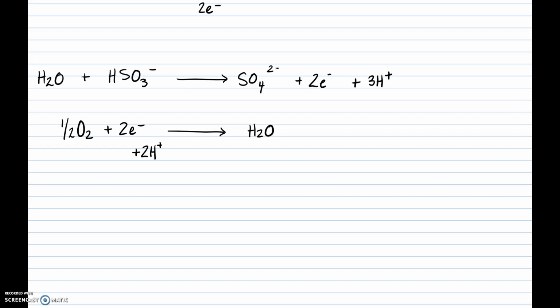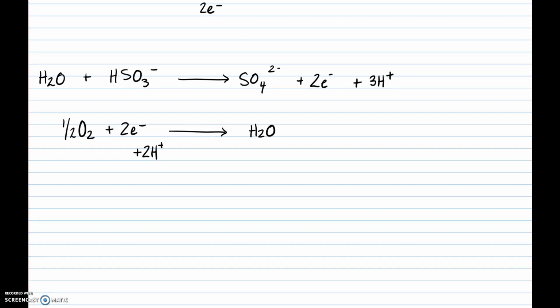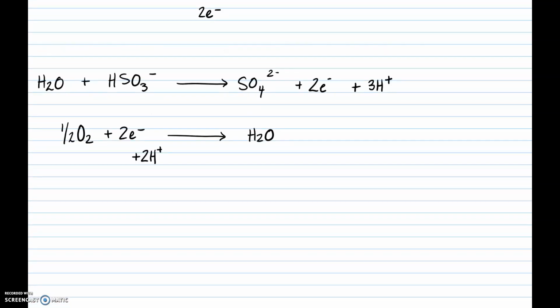Now it's balanced. So at this point, you're pretty much done. You just have to cancel things out and then rewrite your fully balanced equation, eliminating the things that were canceled out. So I'll show you what cancels. In this case, it's the water, the electrons, and then also you can cancel out those hydrogens and just be left with 1. Kind of reduce that down.